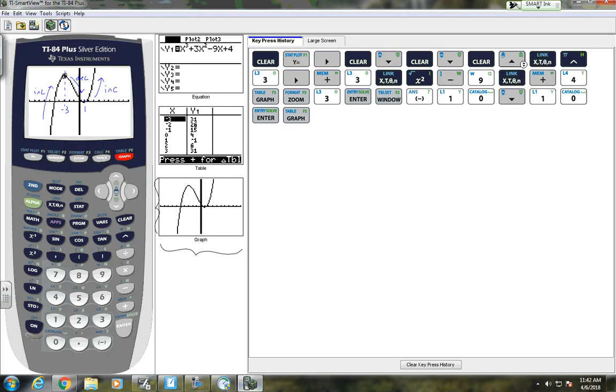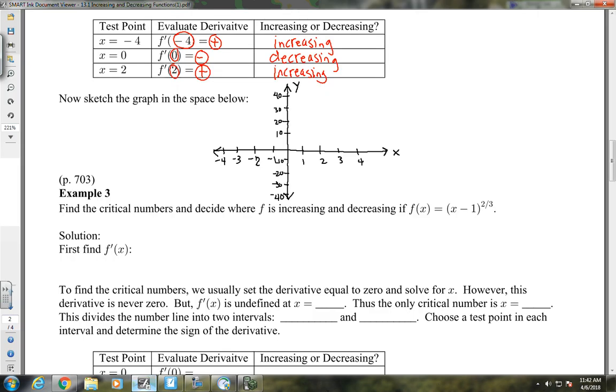This point, if I press my trace button and I type in -3 for x, I can see the corresponding y value is 31. So we'll approximate that on our graph, -3, 31. It's going to have a very small minimum here. And please understand this is an approximation.